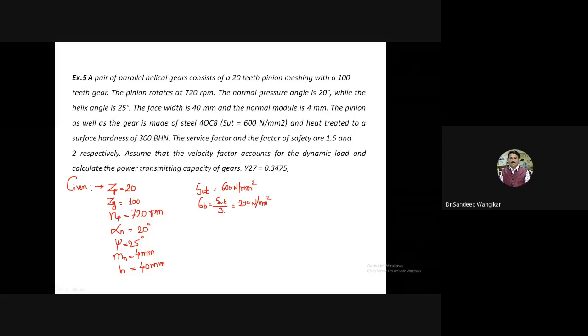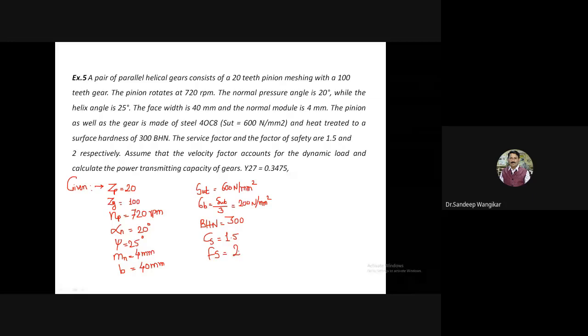And it is subjected to a surface hardness of 300 BHN. So Brinell hardness number is given as 300. BHN is given, we can easily calculate the SW also. The service factor and factor of safety are 1.5 and 2. So CS is directly given 1.5 and factor of safety is given as 2.